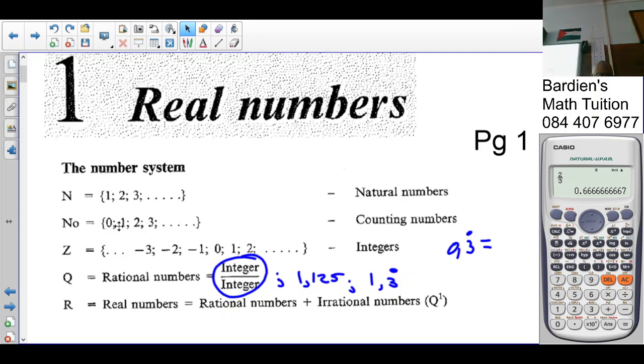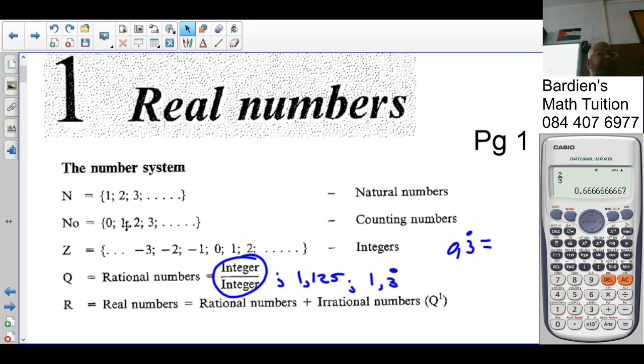Let's look at counting numbers, also known as whole numbers. Is 3 a rational number? Yes, it can be written as 3 over 1. 15 over 1. Natural numbers, 100 over 1. So every integer, every natural number, every whole number is also a rational number. Not so? But every natural number is also a counting number. Not so?